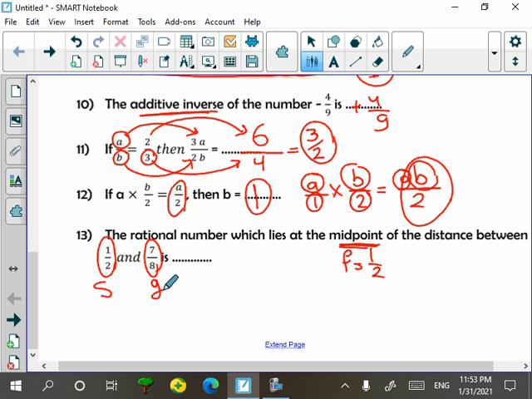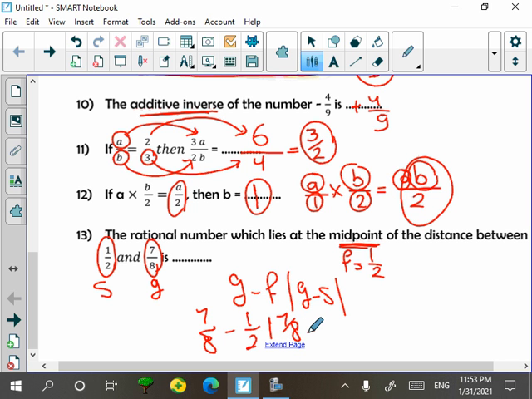Let's try using the law, half absolute greatest minus smallest. Okay, it will be 7 over 8 minus half, absolute 7 over 8 minus half.